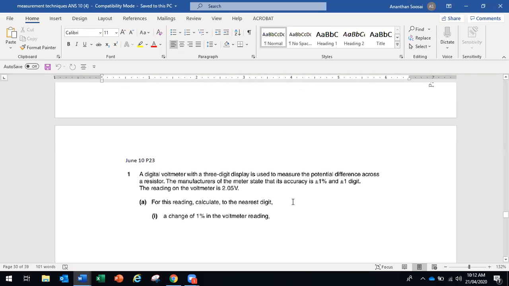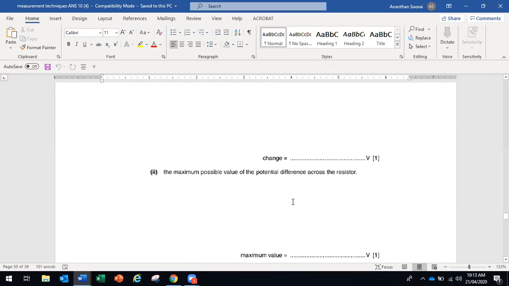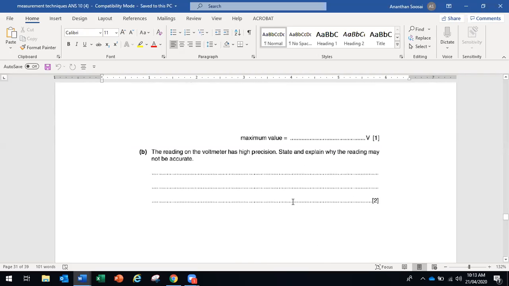Is it a digital one? Digital means the last digit on the right might fluctuate. Fluctuation can happen. But fluctuation is random error.